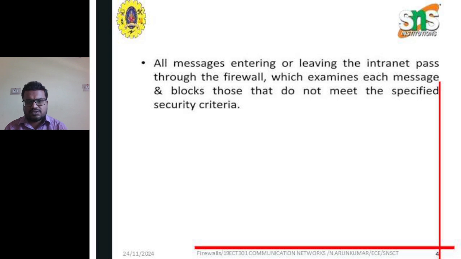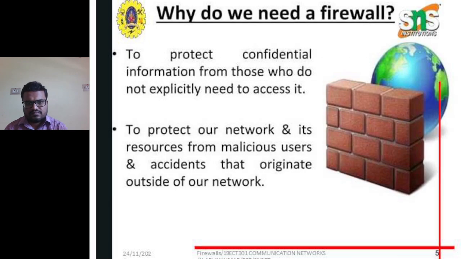All the messages entering or leaving the internet pass through the firewall, which examines each message and blocks those that don't meet the specific criteria, to protect confidential information from those who don't explicitly need to access it. A great example is when hackers send a link to a user's mobile, system or email.